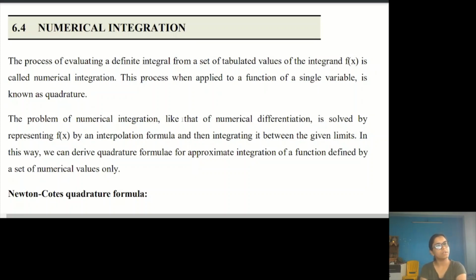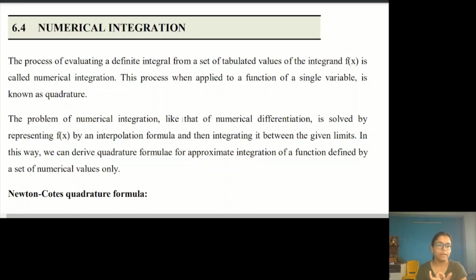The problem of numerical integration can be solved by representing f(x) by an interpolation method. All the interpolation methods that we have learned till now will help us in representing f(x) and integrating between the limits of the f(x) values.